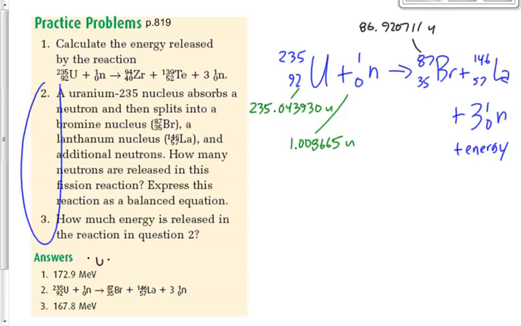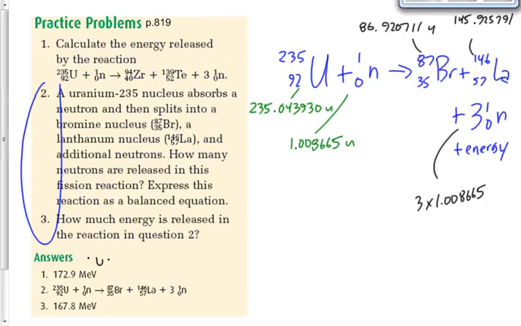Okay, and lanthanum 146, 145.9. Okay, plus 3 neutrons, and of course we know what that is: 3 times 1.008665 atomic mass units.